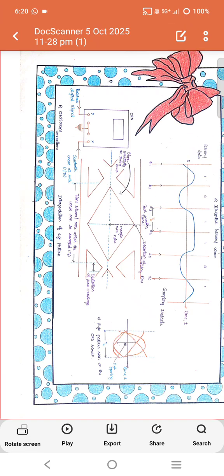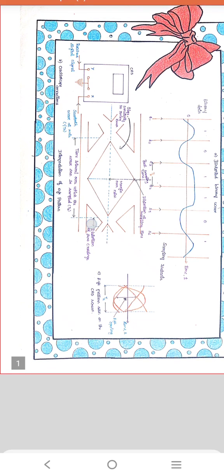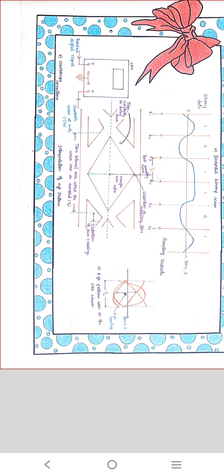In this diagram, the center line is called the noise margin. Next, the interpretation of the eye pattern. The center line is the distortion at sampling time. The center part is the margin over noise. This side part is the distortion at zero crossings.